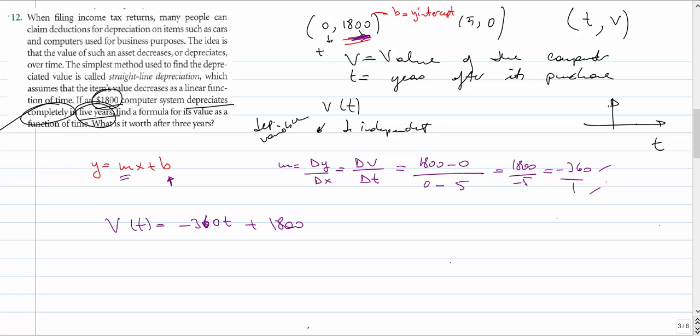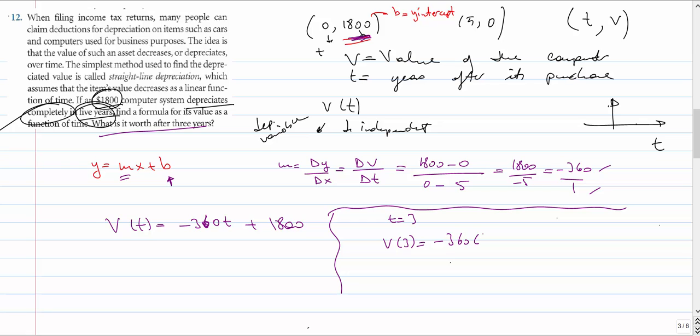All right, the next question is, what is the worth after 3 years? If t is 3, V of 3 is negative 360 times 3 plus 1800. If I do the math, I end up with $720.